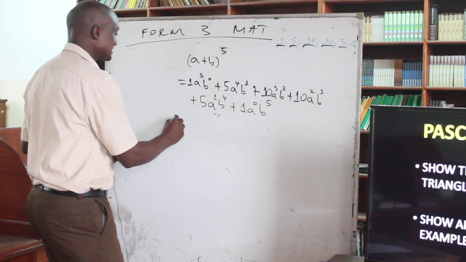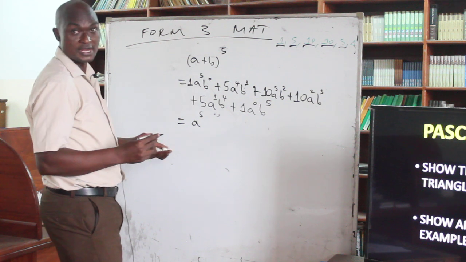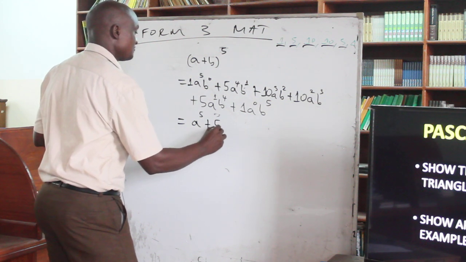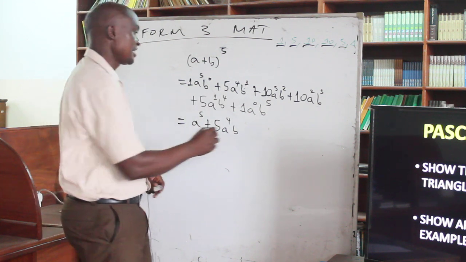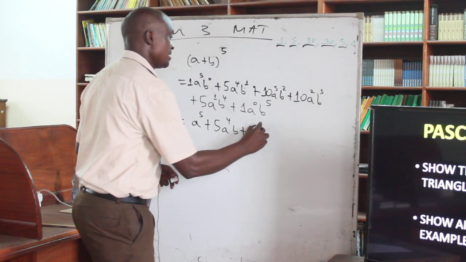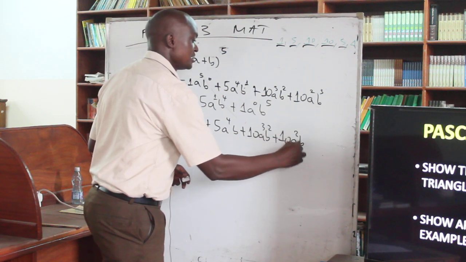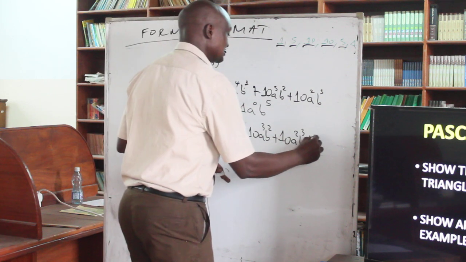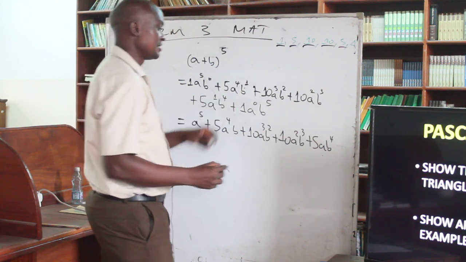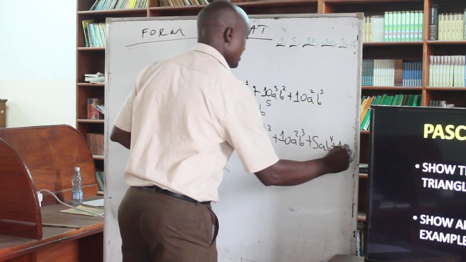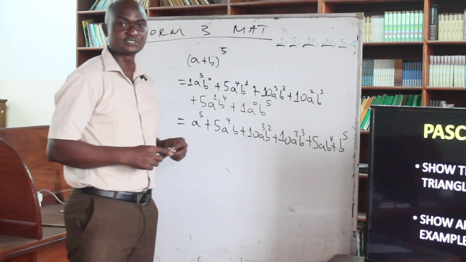So to remove what is not necessary here, this will be a power 5. 1 not necessary, this b power 0 is 1, not necessary, plus 5 a power 4 b, again the power 1 is not a must, you already have it there, plus 10 a power 3 b squared, plus 10 a squared b cubed, plus 5 a b power 4, power 1 not necessary here, plus b power 5. 1 is not necessary.